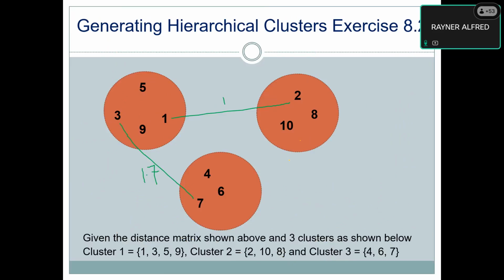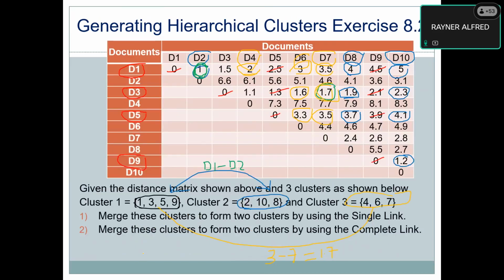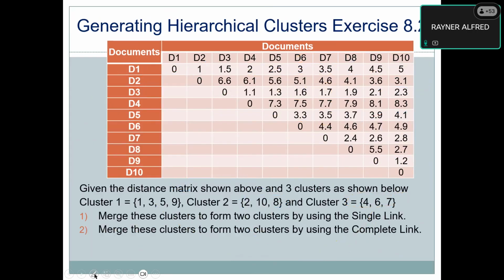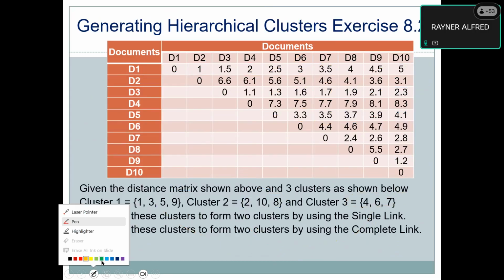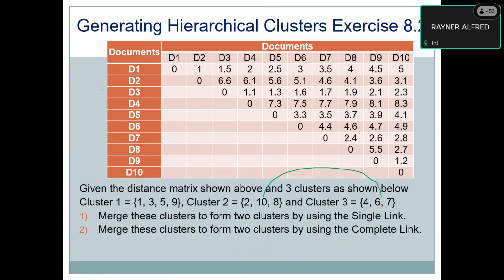Now we want to determine the distance between these two clusters, cluster 2 and cluster 3. For that we use purple, between the blue and the green. Let's start all over again. Now we want to determine the distance between these two.